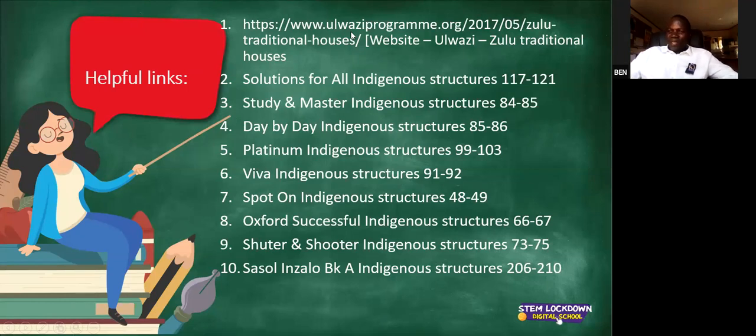You must look at the traditional houses using that website, and also look at the books that you use. I know you use different textbooks. Look at the textbook that you use at your school, then see which page you must open in order to learn further about today's lesson.